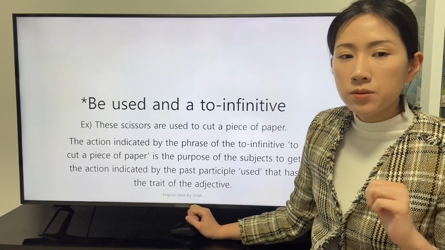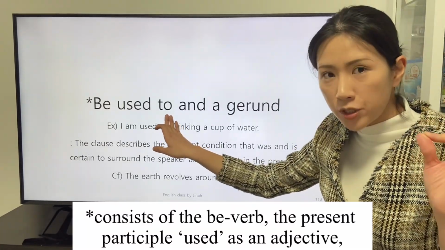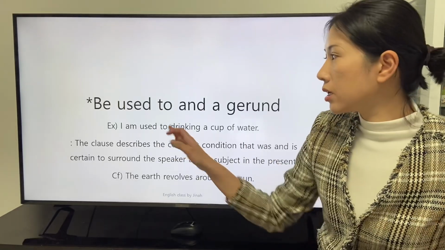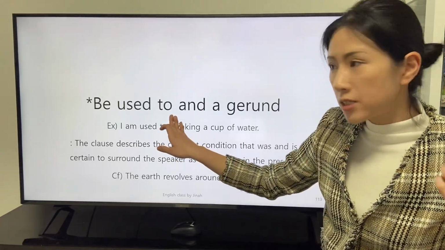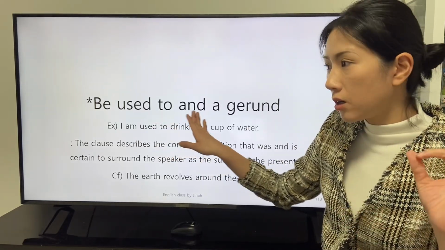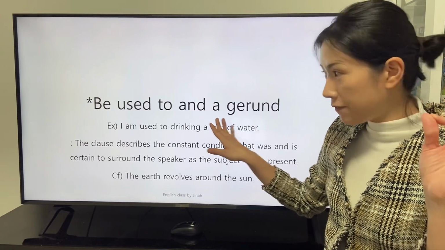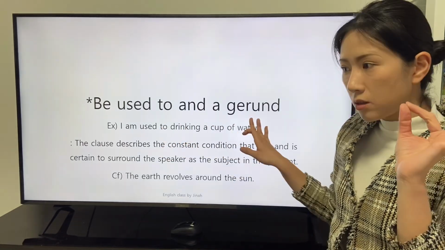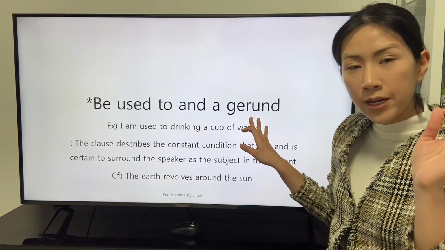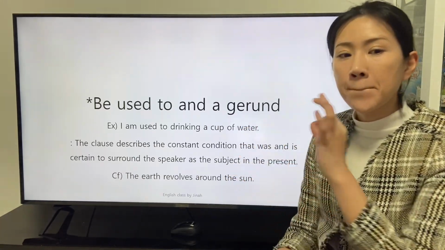The second clause applies the preposition to, and the object of the preposition to is indicated by a gerund, not a root infinitive.